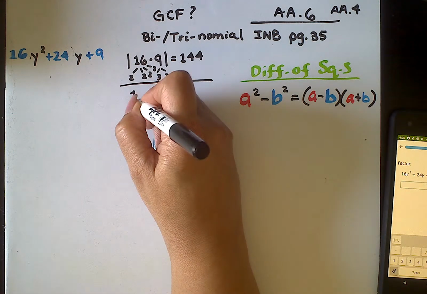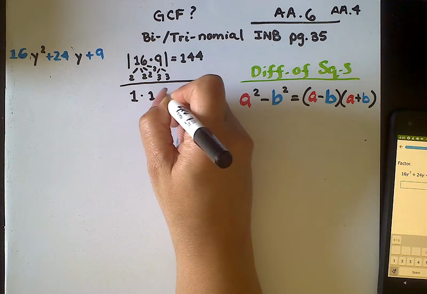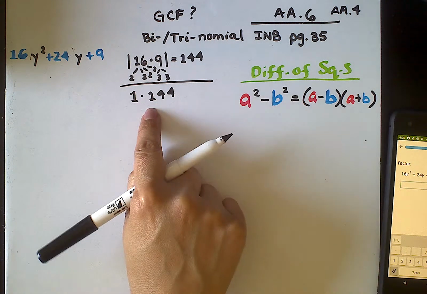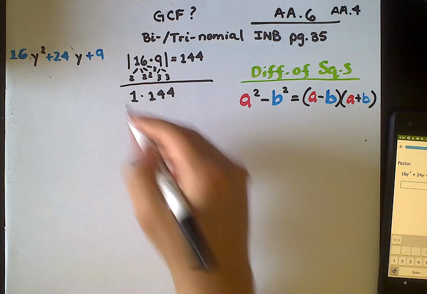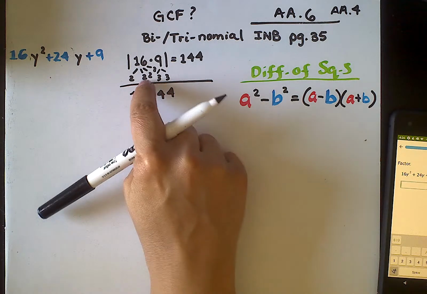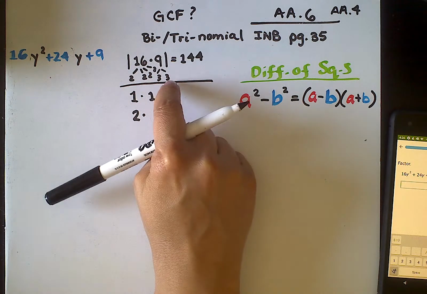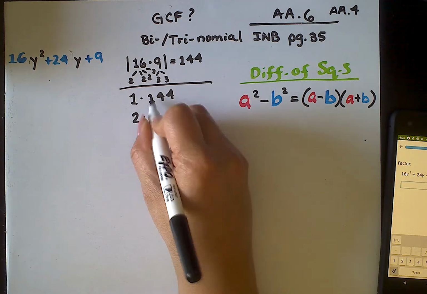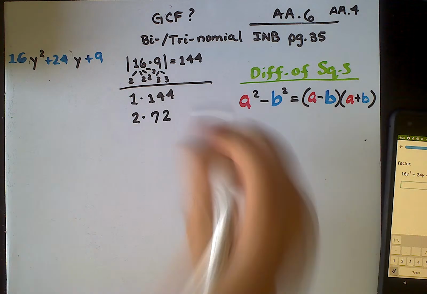So I'm going to say 1 times 144, and then 2 times 2, 4, that's 8 times 9, which is 72. That's where I was getting the 7 and the 2.